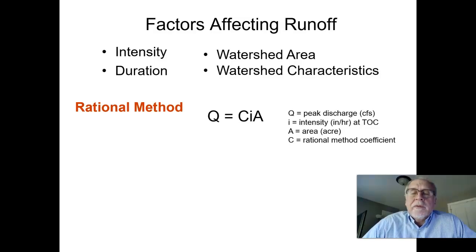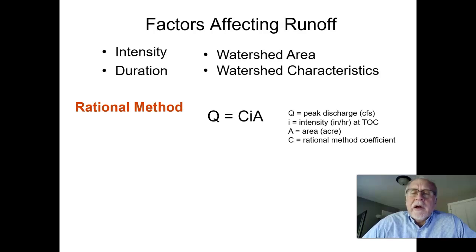A is the area, and for this calculation, we put the area in acres, and C is a rational method coefficient. Well, it turns out, and when I have a live class, we go through this in more detail, that acres per hour converts very close to a cubic feet per second.